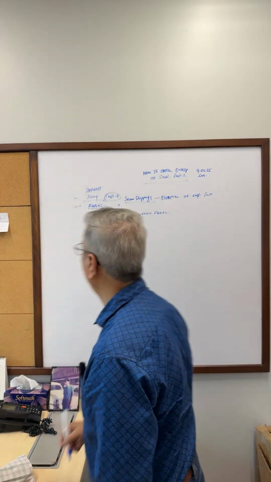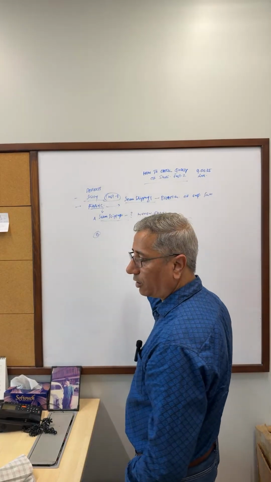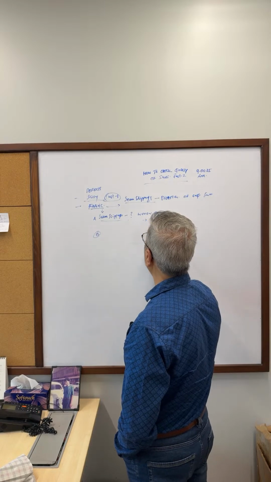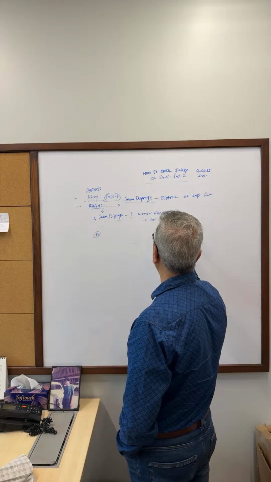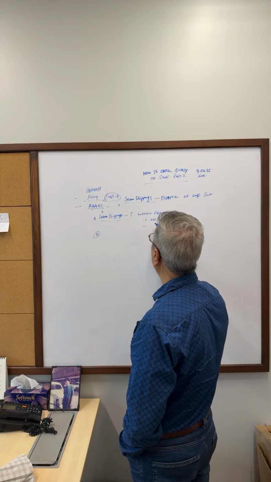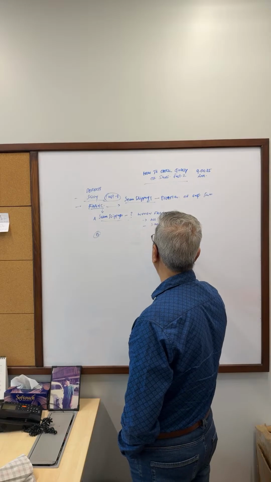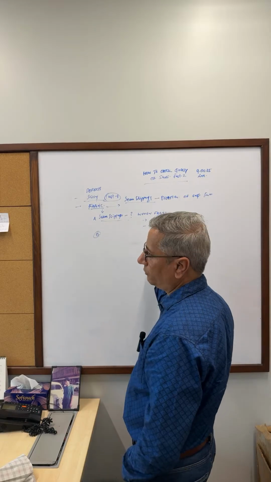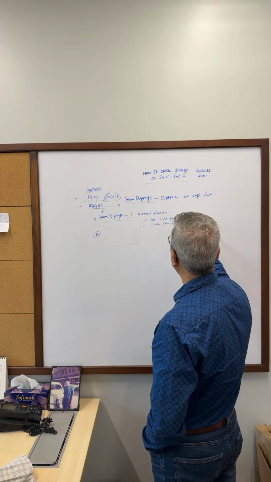So first, how will we check seam slippage? How will we check? We will check all side seams, shoulder seam. Armhole you will not find, because the armhole shape is curved like this, so the grain gets changed.